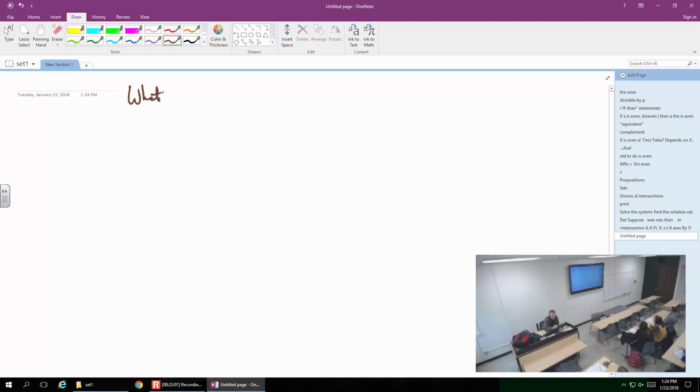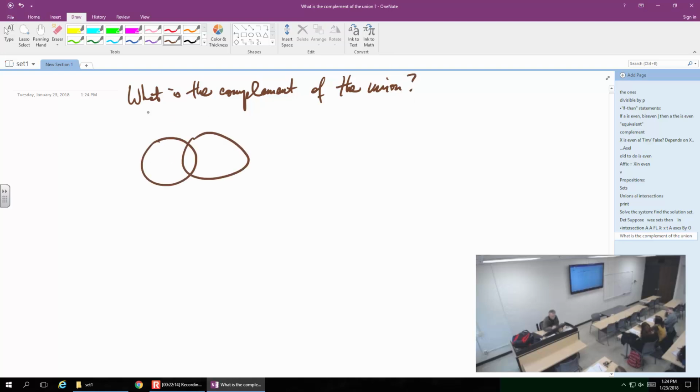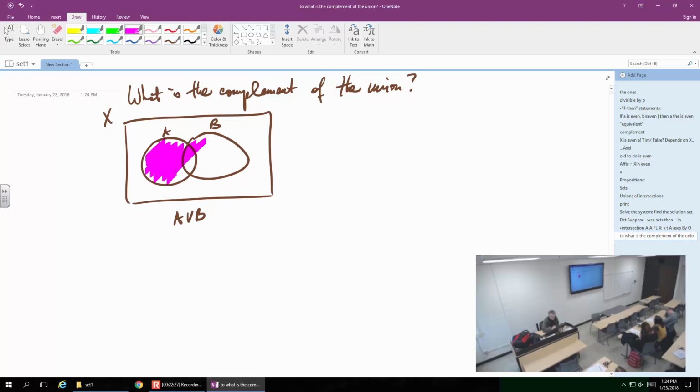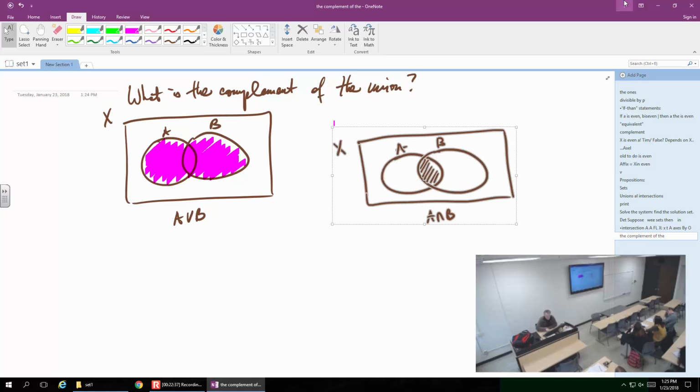So once again, we have A, we have B, X here, A union B. What does it look like? This looks like this. Okay, so it's the same thing pretty much.